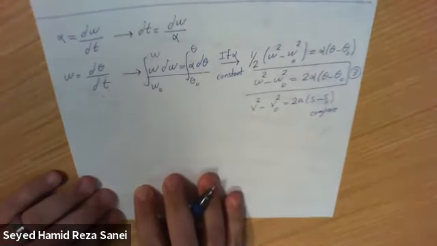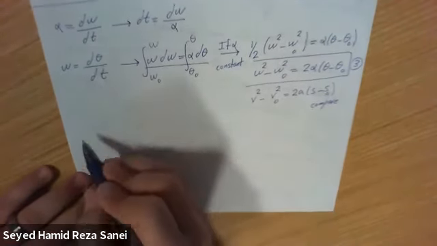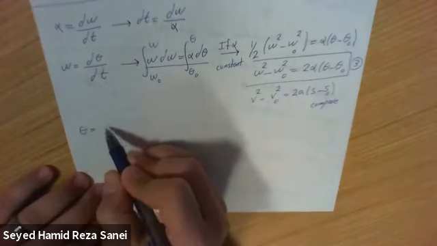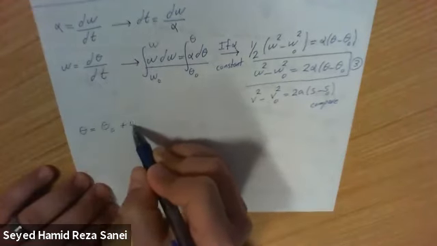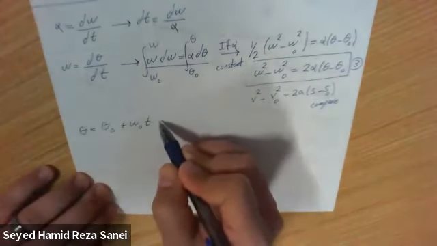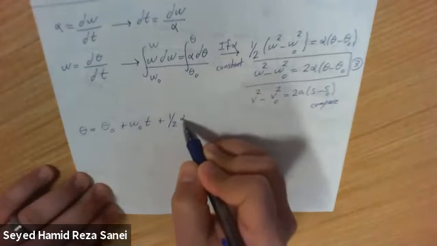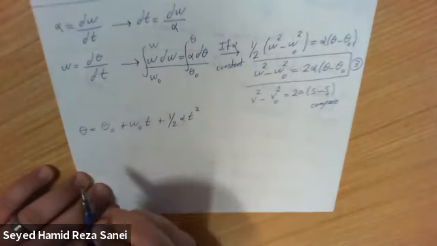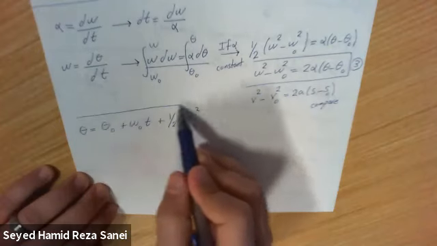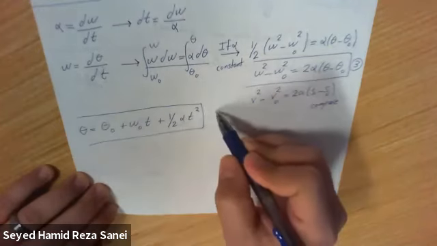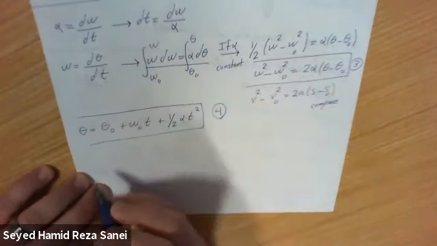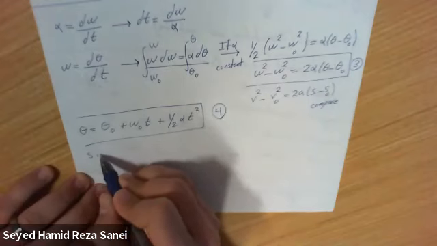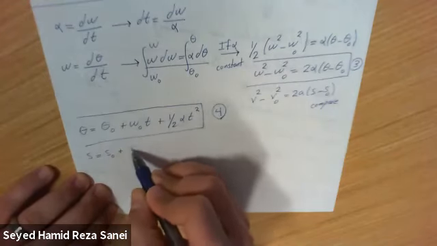So that's our third equation, and also we can develop our fourth equation for constant angular acceleration, with alpha t squared. And that would be our fourth equation. And I write the linear form for comparison.